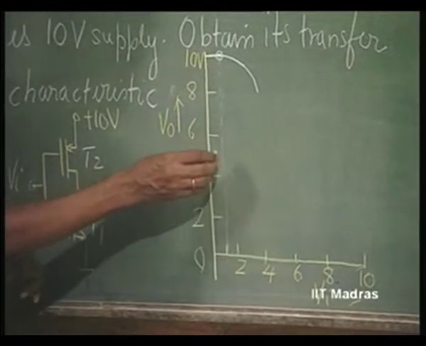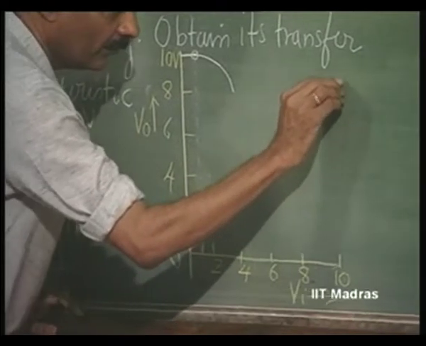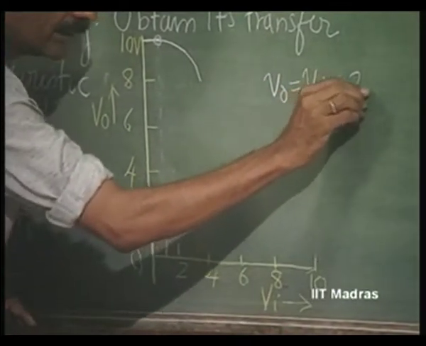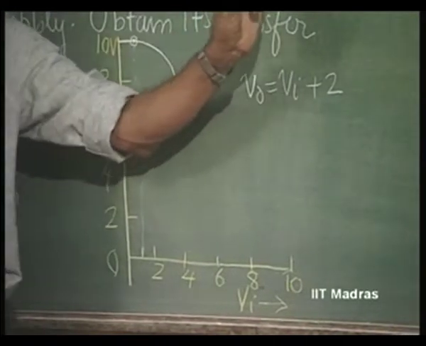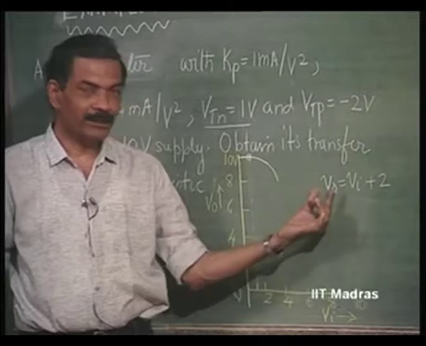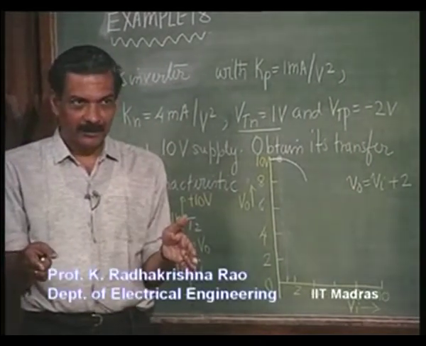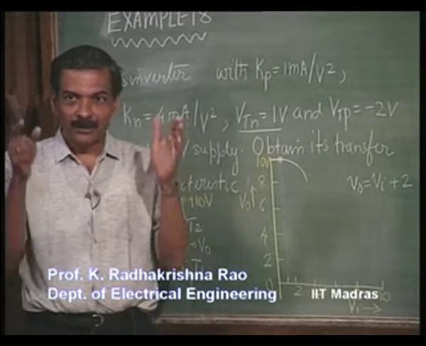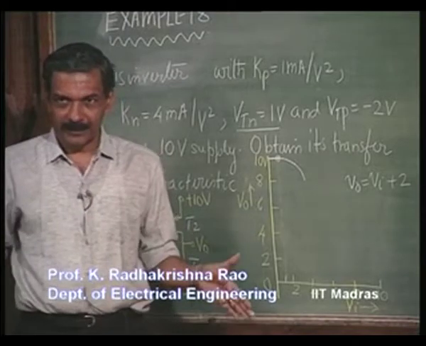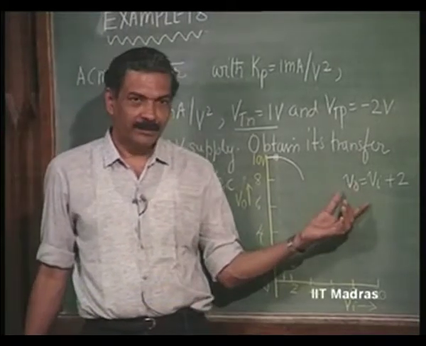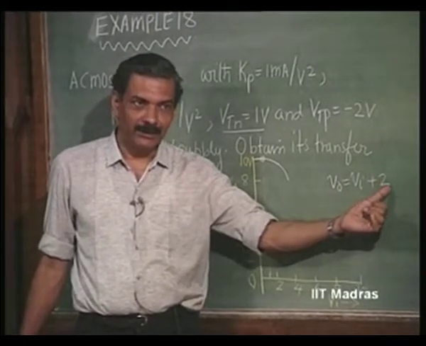And we have at a point V naught equal to Vi plus 2 volts, Vtp being equal to minus 2 volts, at a point when Vds magnitude becomes equal to Vgs minus Vt magnitude. So, that information gives us V naught equal to Vi plus 2 in this case.